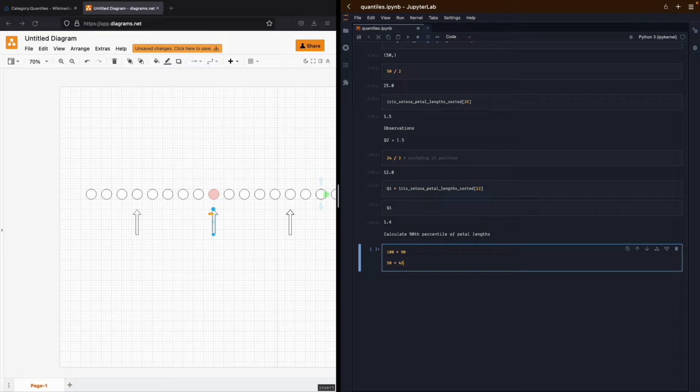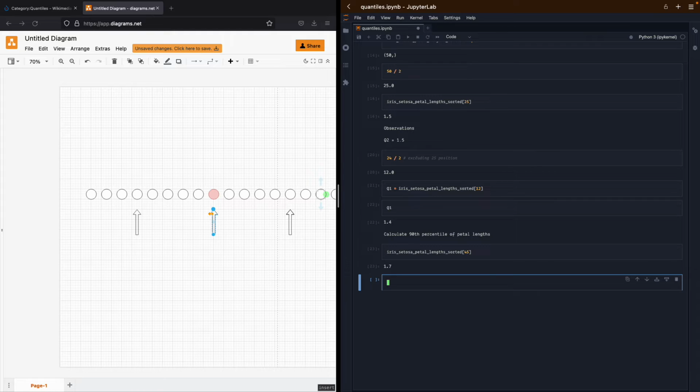The 45th position is our 90th percentile for our petal length. So we are going to calculate the iris petal length from the 45th position. Similarly, we can calculate others as well.